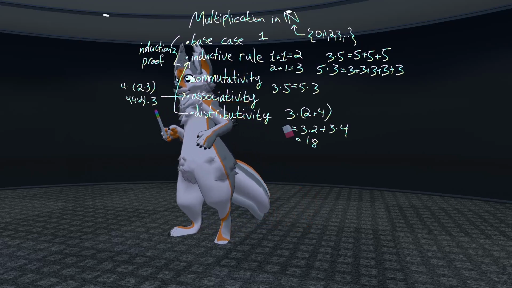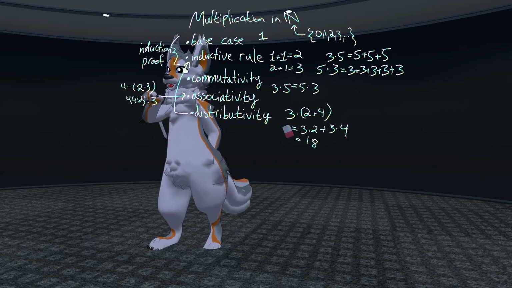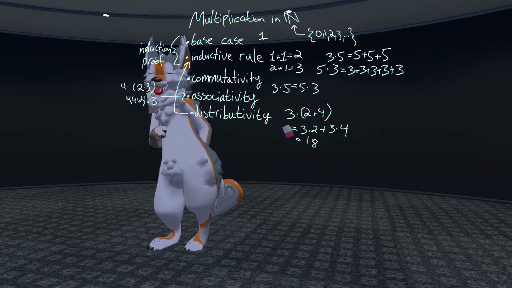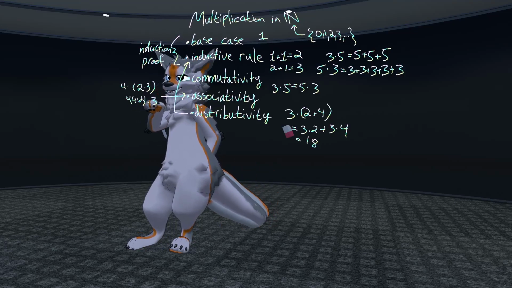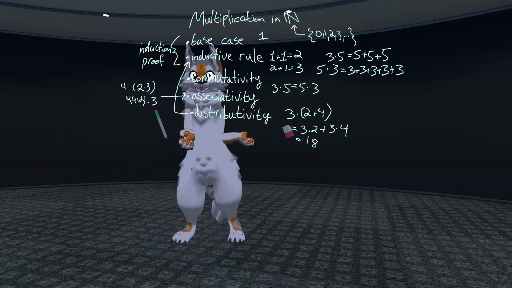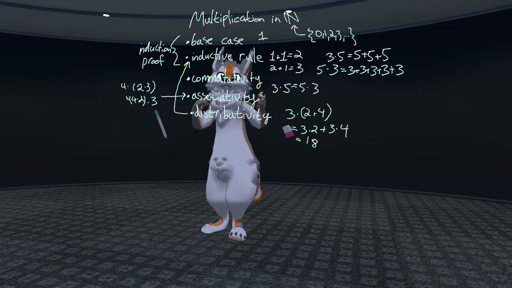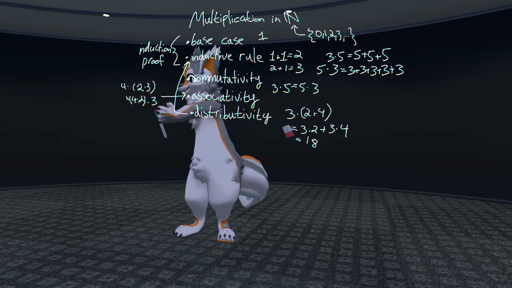I encourage you to try to reason through this: why would taking 2 amount of 3 and then taking 4 amount of that be the same thing as taking 4 of 2 and then that being the amount of 3 that you take? Why are those the same thing? To me, that's not obvious. To me, this is quite miraculous, but it turns out to hold.